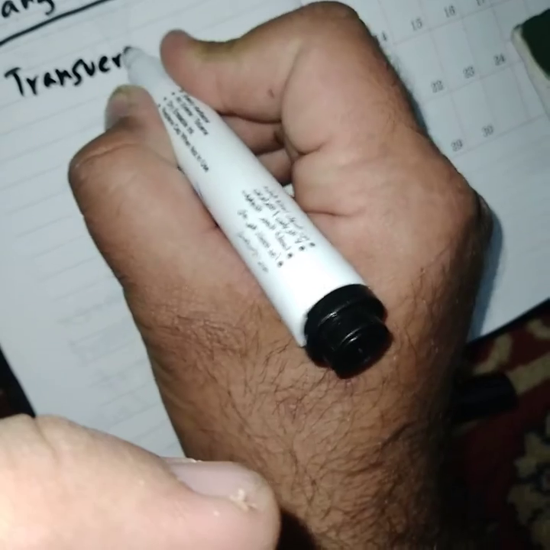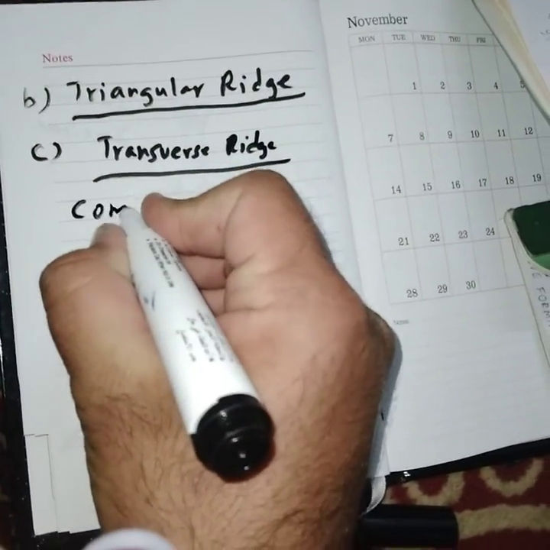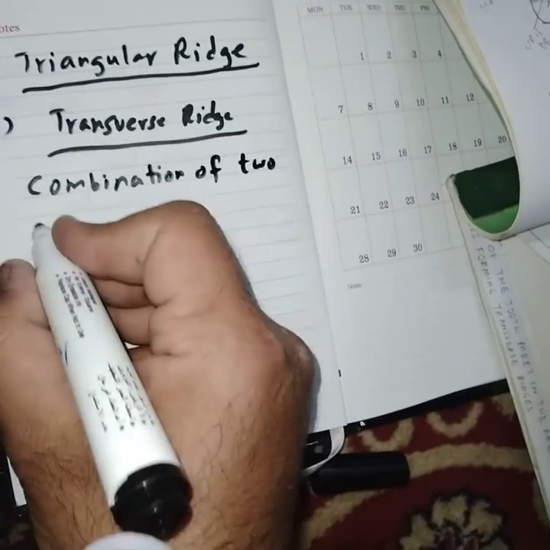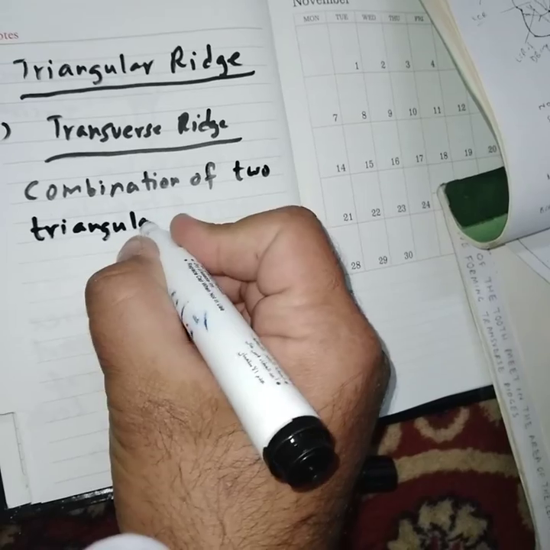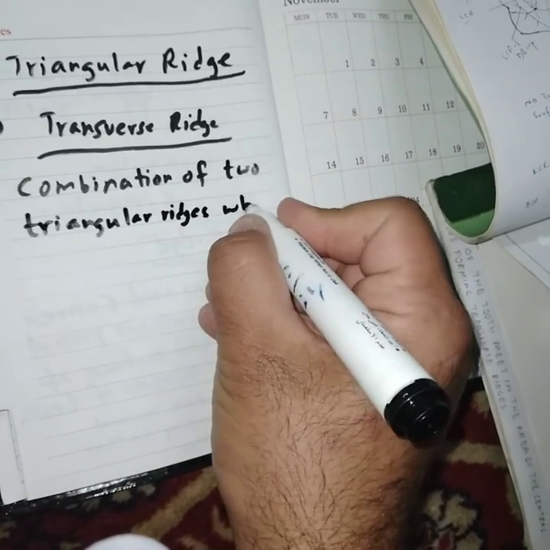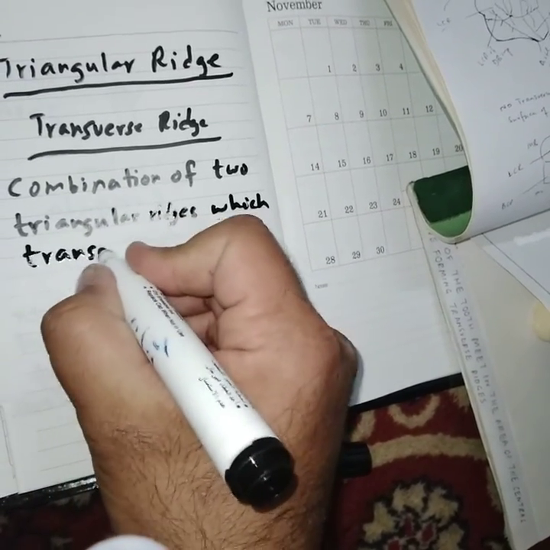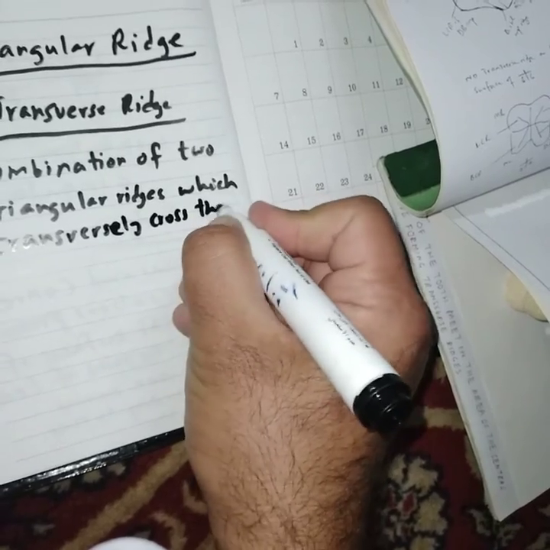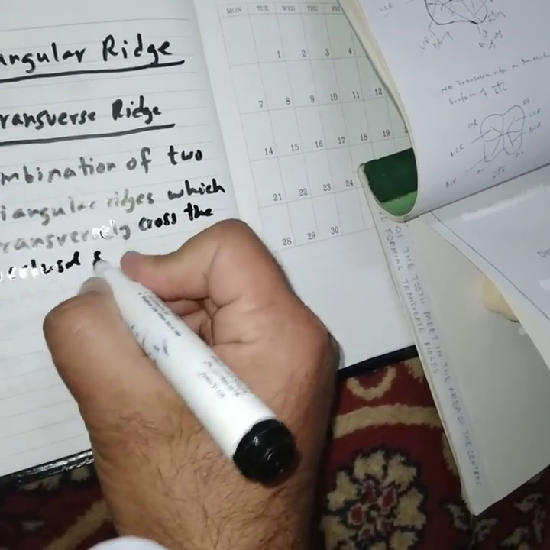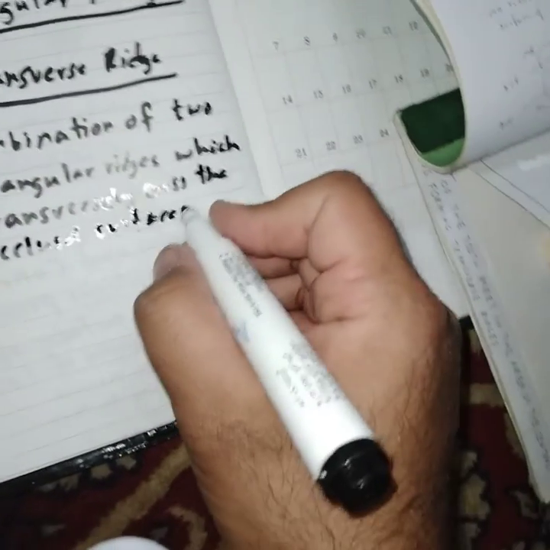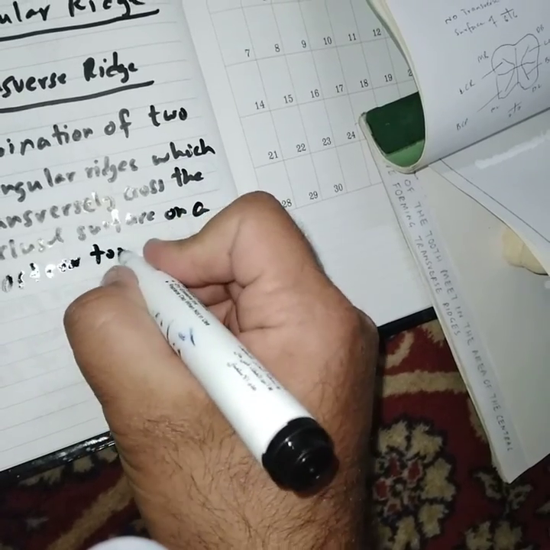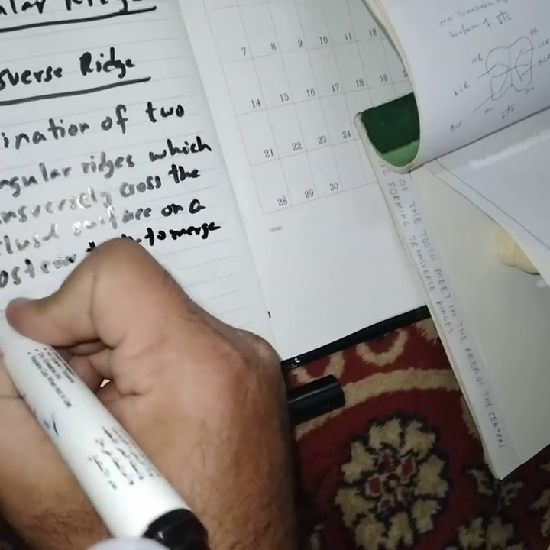Transverse ridge. The combination of two triangular ridges which transversely cross the occlusal surface on a posterior tooth to merge with each other.